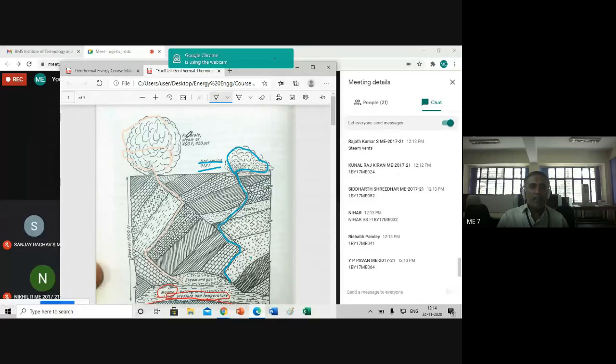This is called the fumarole, and the temperature is 400 degrees, 450 pressure. This is how we utilize this entire thing, which makes the classification of the geothermal energy plant.